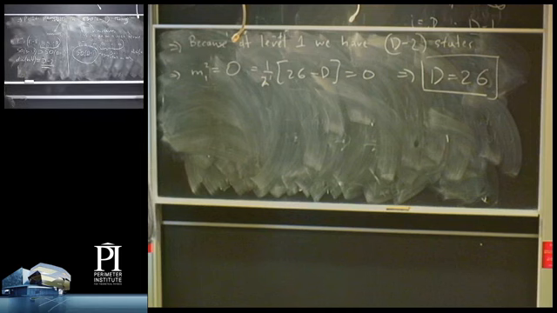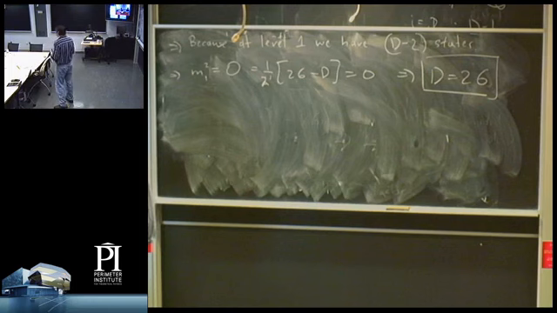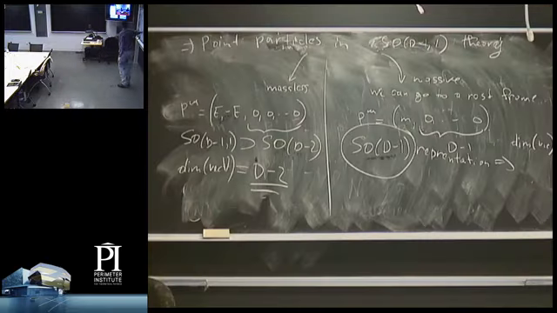If I take a massive spin J particle, it can be moving, but I can go to a rest frame. In that rest frame, I will have 2J plus 1 states, right? So if I have spin 1, which is the analog of a vector representation, I will have 3 states. So I start with D equal 4, the SO(3) vector representation is 3-dimensional, so it's in a vector representation.